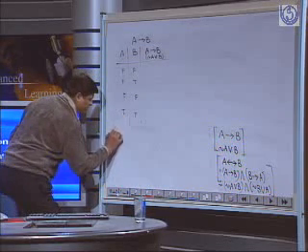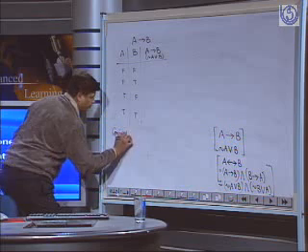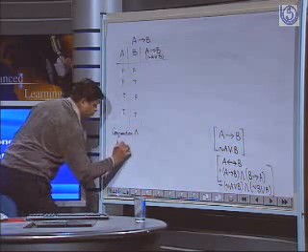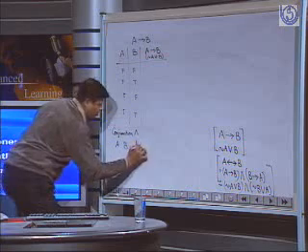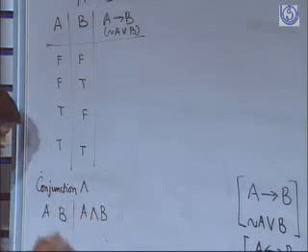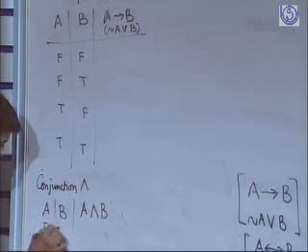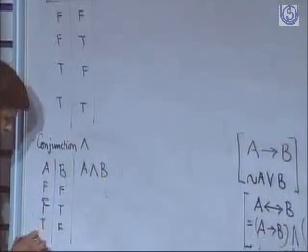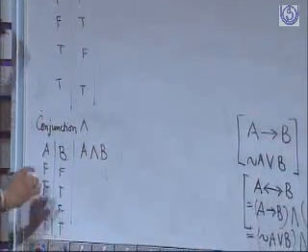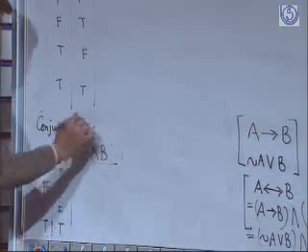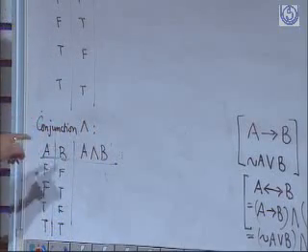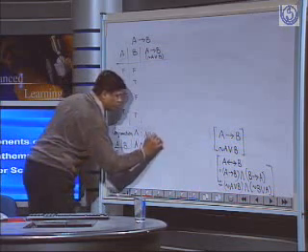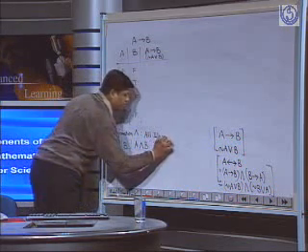The conjunction part, that is this: if A is there, B is there, A conjunction B. False, false, false, true, true, false, true, true. Conjunction says all inputs must be true to have a true output.